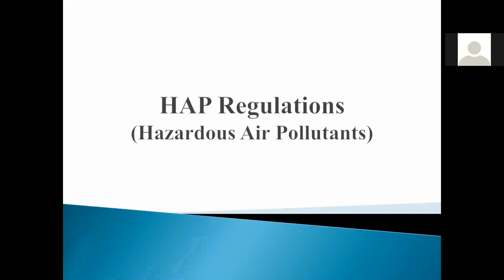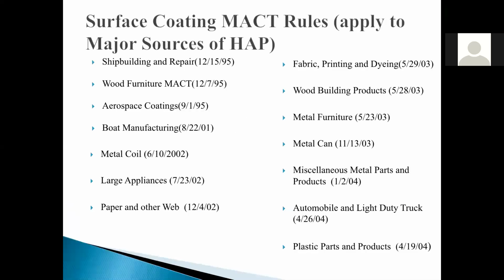So let's move on to a subset of VOCs, which are HAPs. HAPs are hazardous air pollutants. I think it's 187 or 189 VOCs that are HAPs, and these are compounds that EPA, or others, have designated as being toxic or problematic.